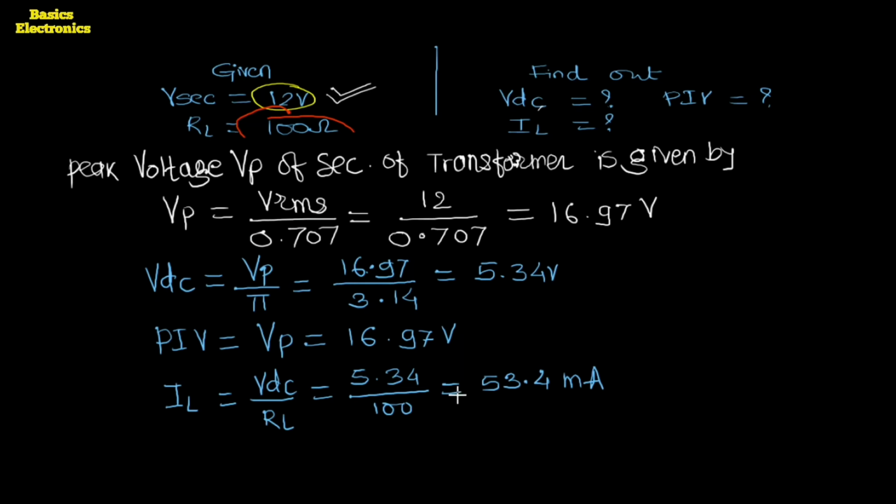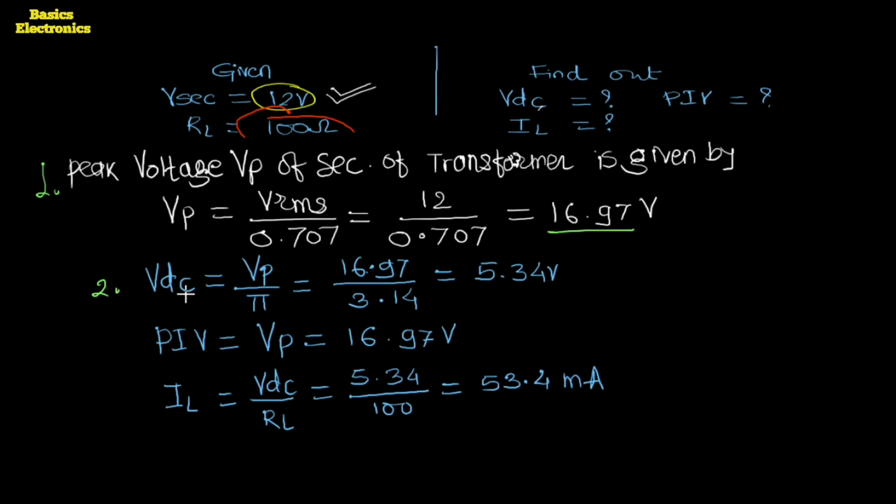So the load current is 53.4 milliamperes. Actually, your answer may be different from this. It may be 0.0534 amperes. But here we have to write down the values in milliamperes, which are less than the amperes. Okay, so in this way we solve this example. What we did, first we found the peak value of the secondary of the transformer, that is given as Vp equals to Vrms upon 0.707, which we calculated as 16.97.